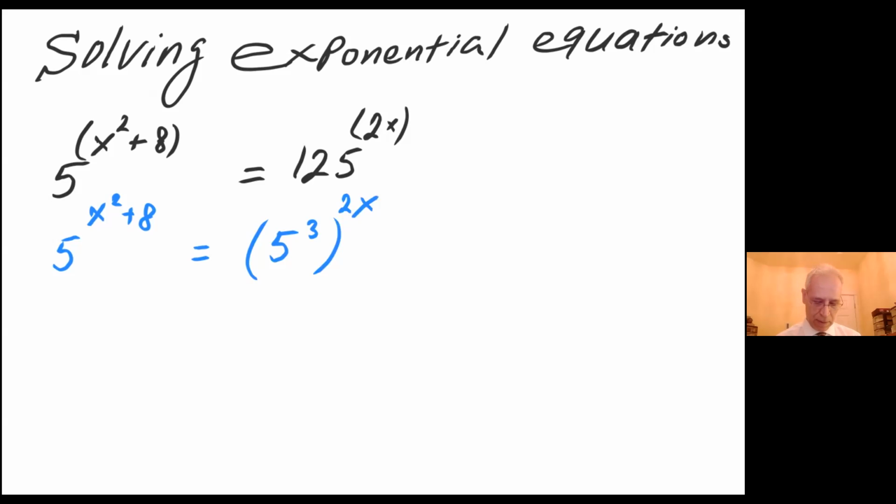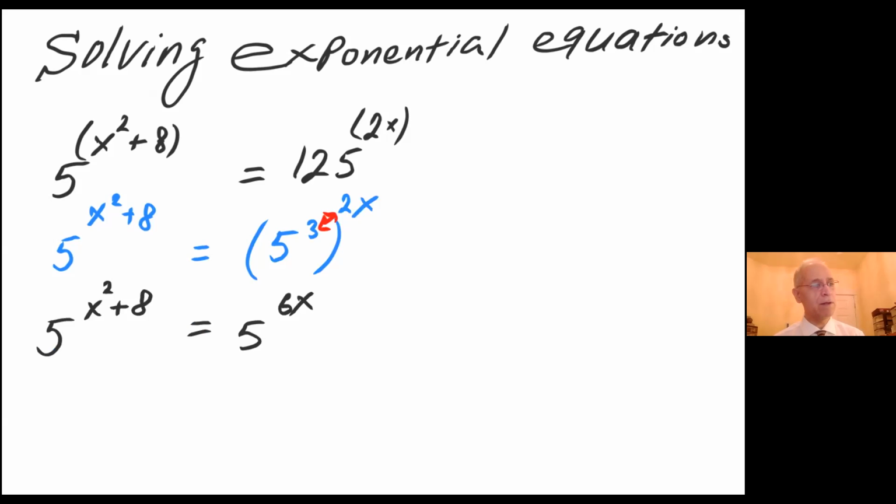And now, 5 to the power of x squared plus 8 equals, now here notice that I have power of power, so this is the same as saying 5 to the power of 3 times 2x, which is 6x.